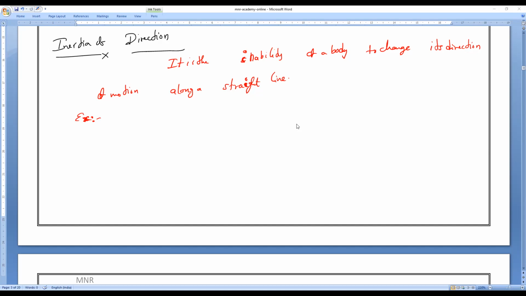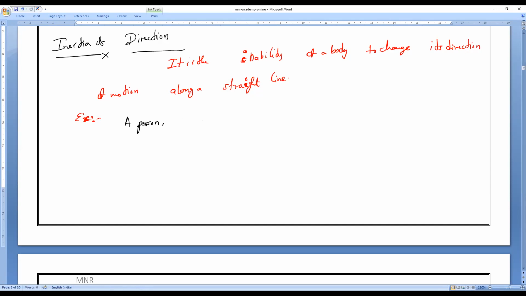But the head has no contact, so automatically the flexibility is with the head only. Clear? So that is why, in inertia of motion, inertia of rest or inertia of direction, most probably we can see only the head in motion. So that is the reason. Right. Example, inertia of direction: a person sitting in a moving car.